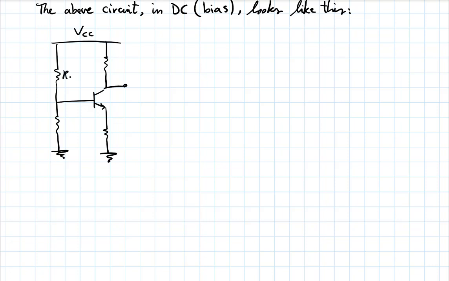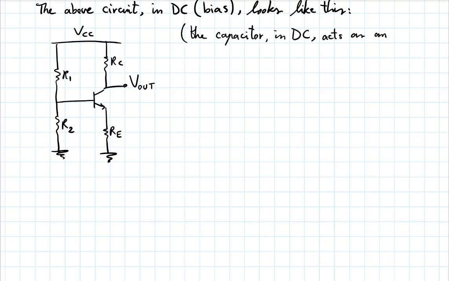The capacitor has no role, or that part of the circuit has no role, because in DC the capacitor is an open circuit. And in fact, now you're talking about just the bias point. So you have the capital V. In DC acts as an open circuit.